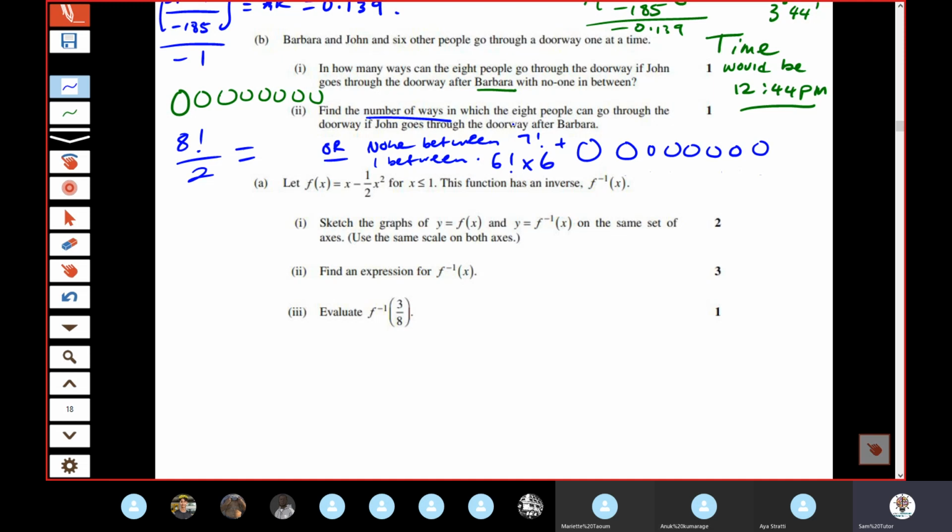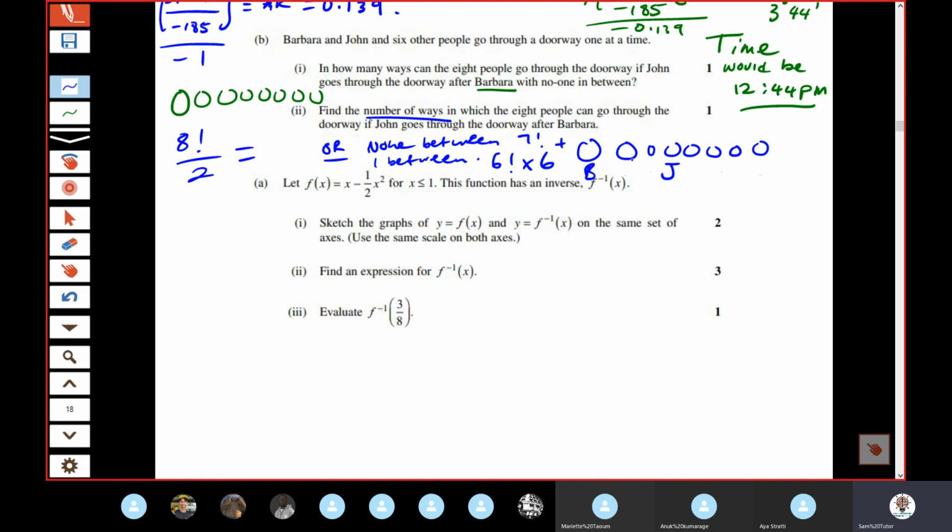The next one would be 2 between, right? If there was 2 between, this is B, and 2 between, this is J. How many times is this guy going to move? There has to be 2 between. Oh my god, this is going to be a killer.